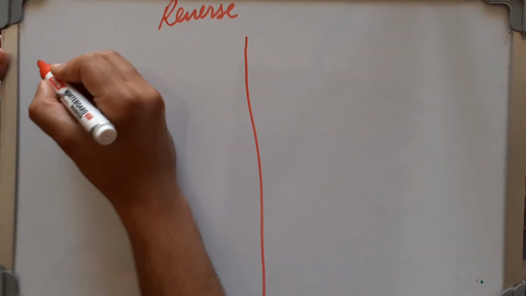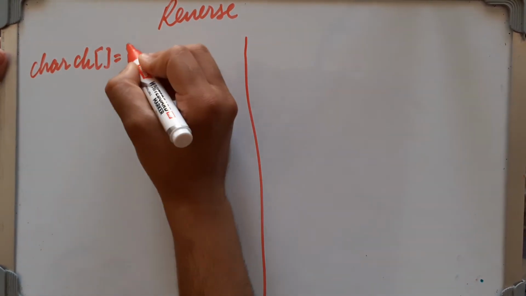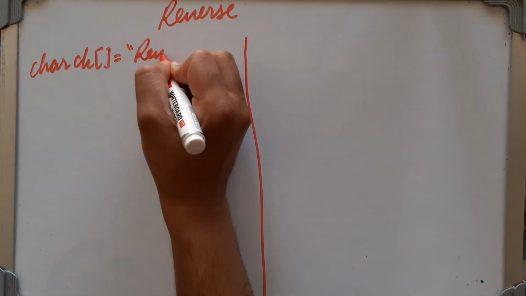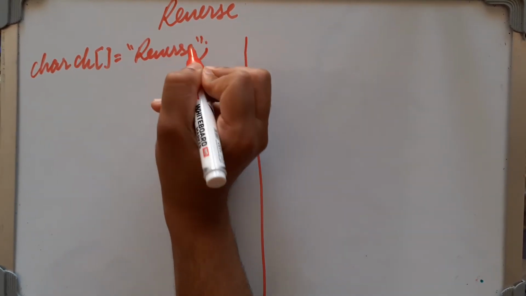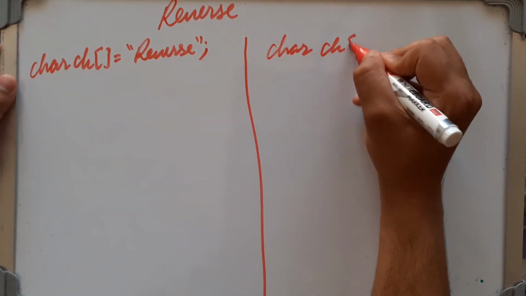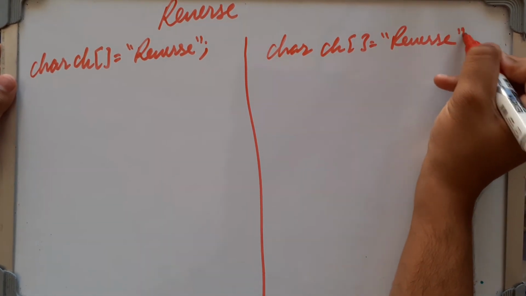Now what we are going to do is reverse a string. For reversing a string, there are two methods you can use. First is like you are having a string like char ch, you are having like reverse only. Okay, and here also you are having char ch reverse.